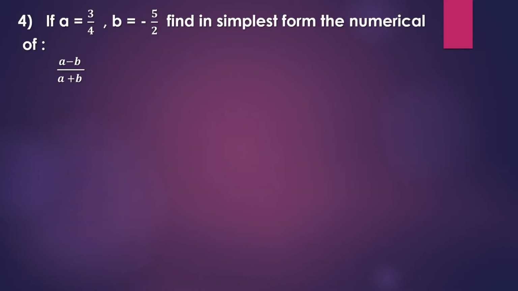If a equals 3/4, b equals negative 5/2, find in the simplest form the numerical value of (a minus b) over (a plus b).